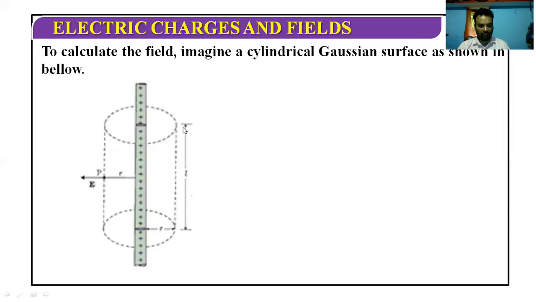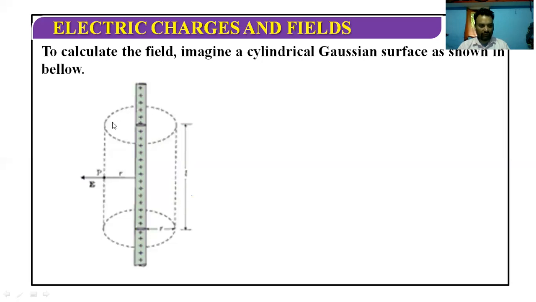Now, because the rod is infinite, what I will do, I will assume a very small length element here and a very small length element here, and the distance between these two length elements is L, this L.